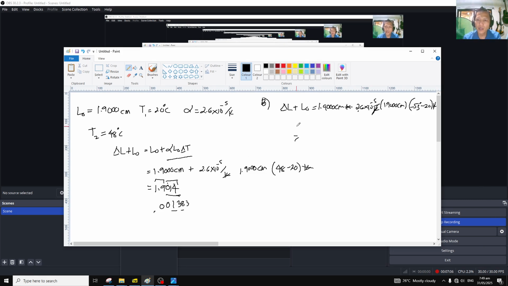So that gives you 1.9 plus 2.6 times 10 to the negative 5 times 1.9 times negative 53 minus 20. That gives a shorter version, and you can round to 1.8, but it is better if you understand it. 1.896, 1.8964 centimeter.